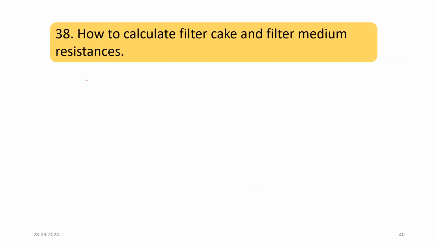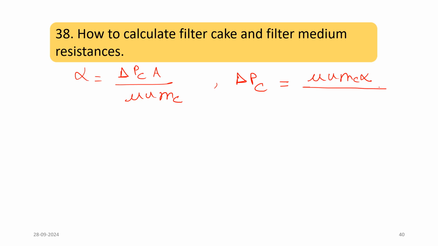Now the total pressure drop across the filter bed, delta P, is the summation of these two, delta Pc plus delta Pm. If we sum these two, mu U will be common. It will lead to mc alpha by A plus Rm, right?